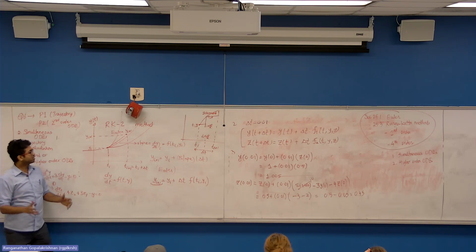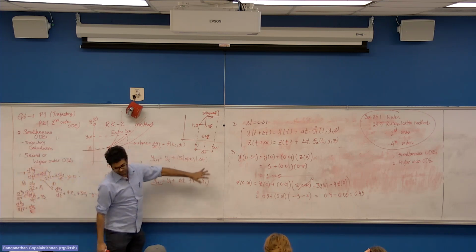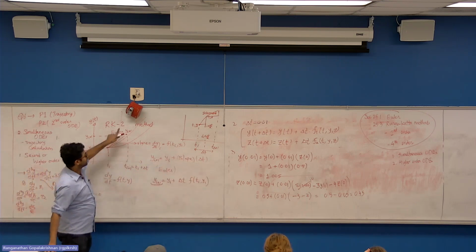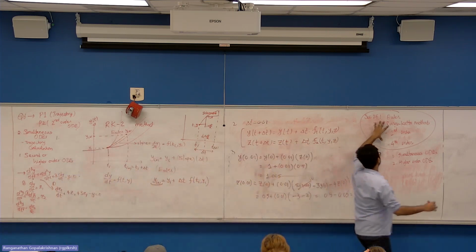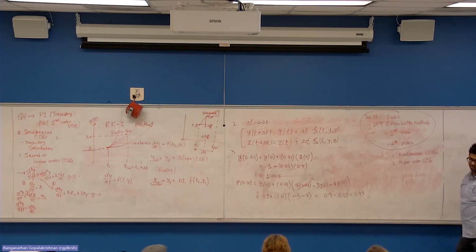So instead of presenting a mathematical derivation, I'm going to present the two equations you're going to use for RK2 and RK4. Along with Euler, these three are the ones that you need to be able to use in your exam or quiz or whatever.